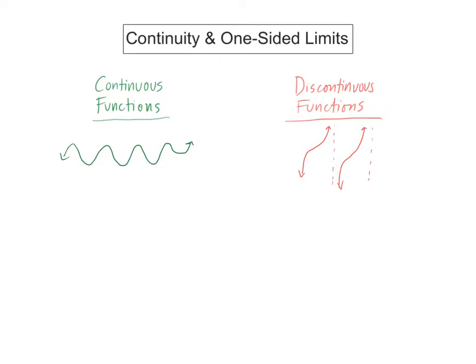A continuous function, polynomials are continuous. Polynomial functions like a cubic. There is no place on a cubic where you have to pick up your pencil to continue drawing that function. A non-example, or a discontinuous example, would be anything with a hole in it.